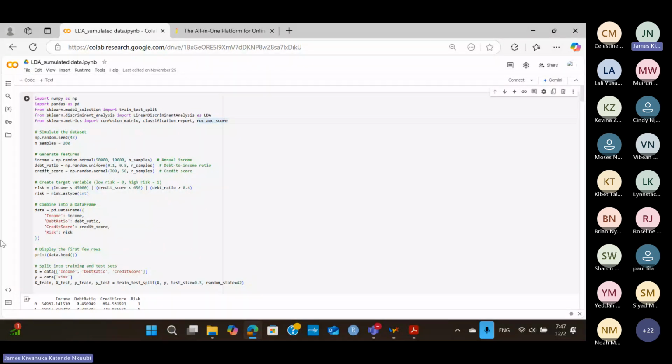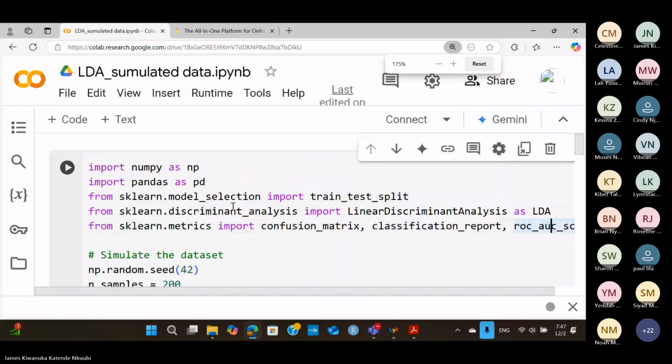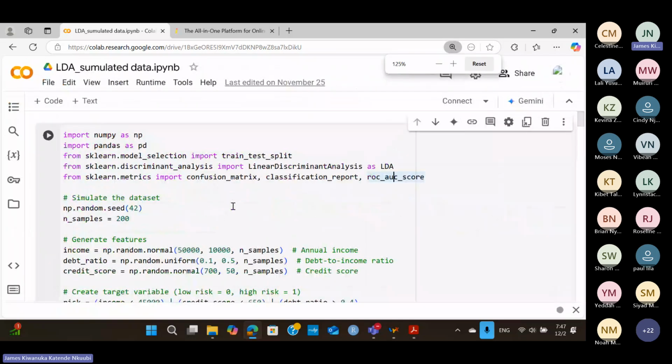So I have the file here. We shall simulate some data, and then use that data to demonstrate the concept of linear discriminant analysis.